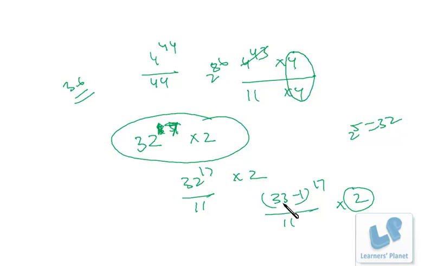And if 33 minus 1 raised to 17 is divided by 11, the remainder will be minus 1 only, because it is minus 1 raised to 17. That minus 1 into this 2, that's minus 2. So finally the positive remainder will be 11 minus 2, that's 9, and the number that we took as common, 4, so 9 into 4, 36 will be the final remainder.